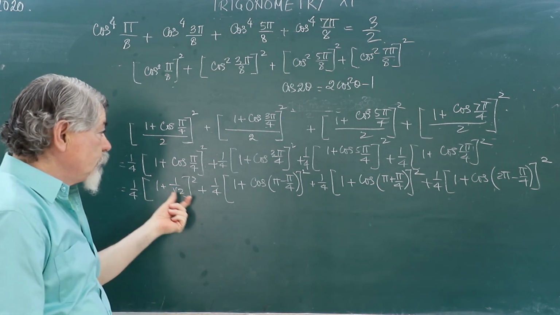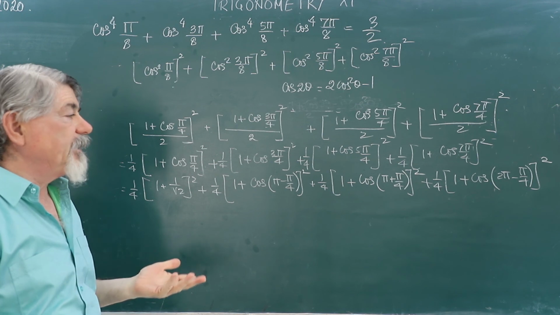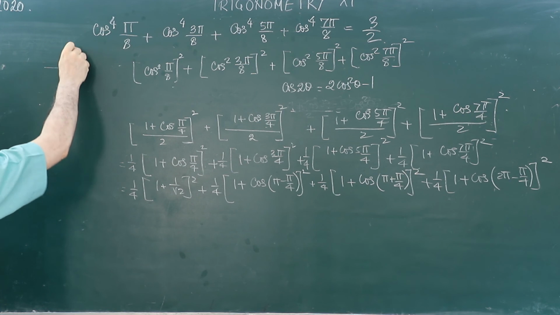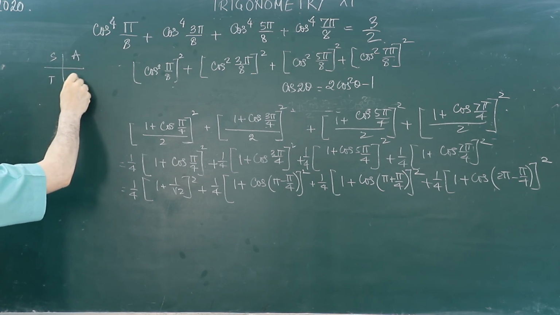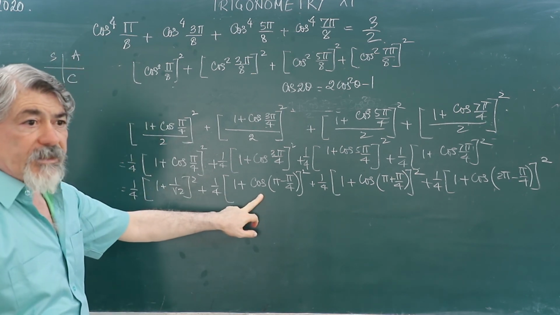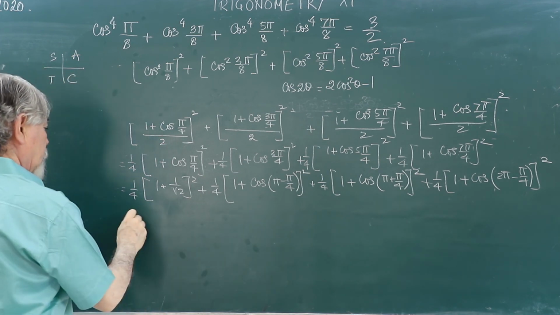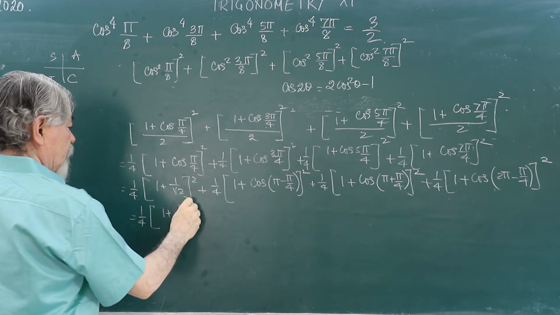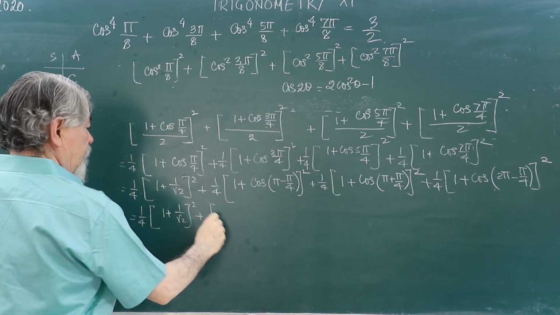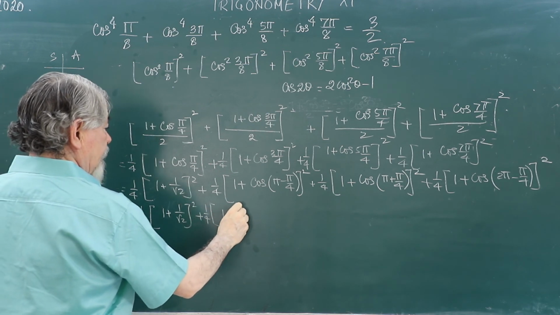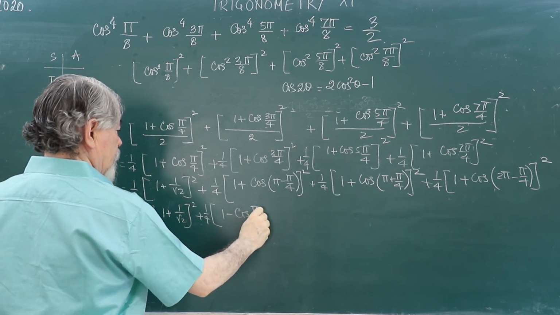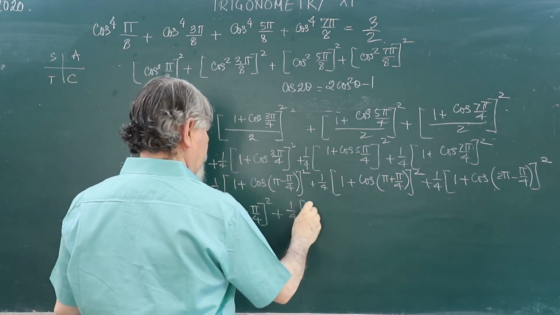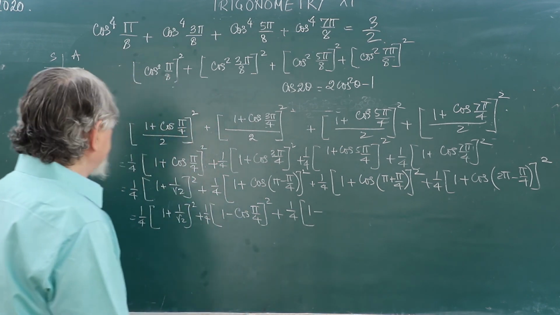Now it is 1/√2. Cos(π − π/4) will be minus cos π/4. It will come into the second quadrant, and in the second quadrant cos is negative. So 1/4 (1 + 1/√2)² plus 1/4 (1 − cos π/4)² plus 1/4 (1 + cos(π + π/4))².